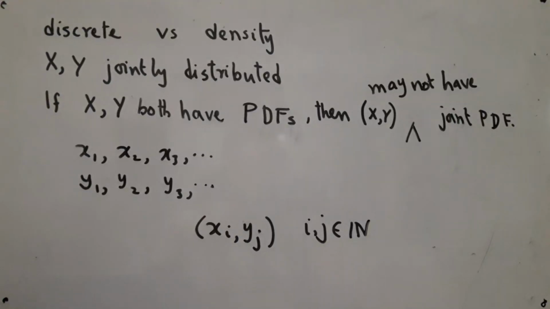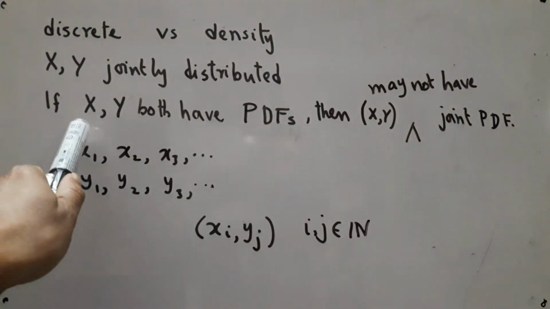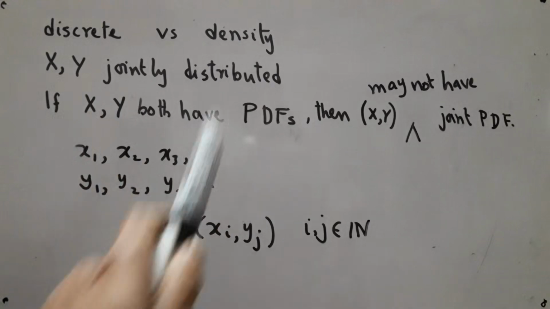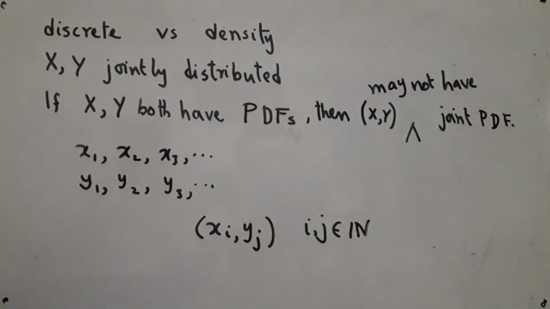We are now going to discuss a counterexample. That is an example where x and y will be jointly distributed. Each of them will have PDFs, but as a pair, they will not have any joint PDF.